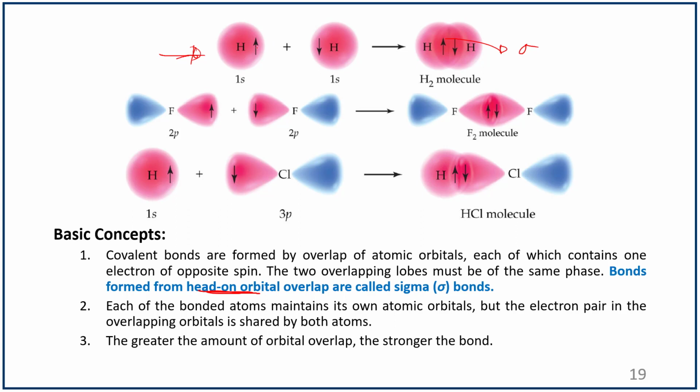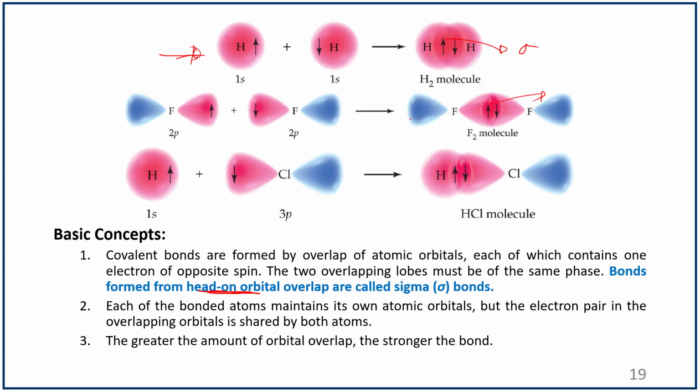Another example will be if you have fluorine. Okay, fluorine 2p, which has 7 valence electrons, remember. And then you have another fluorine with 7 valence electrons. When they overlap each other, then you will have yet another sigma bond.